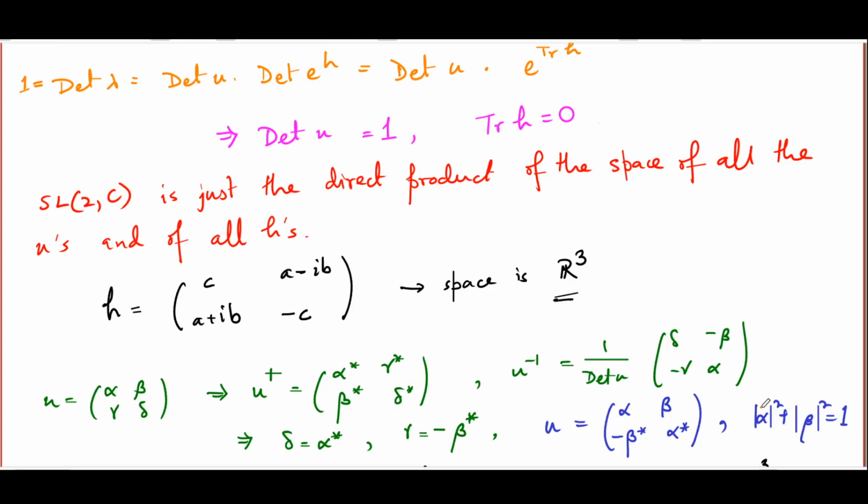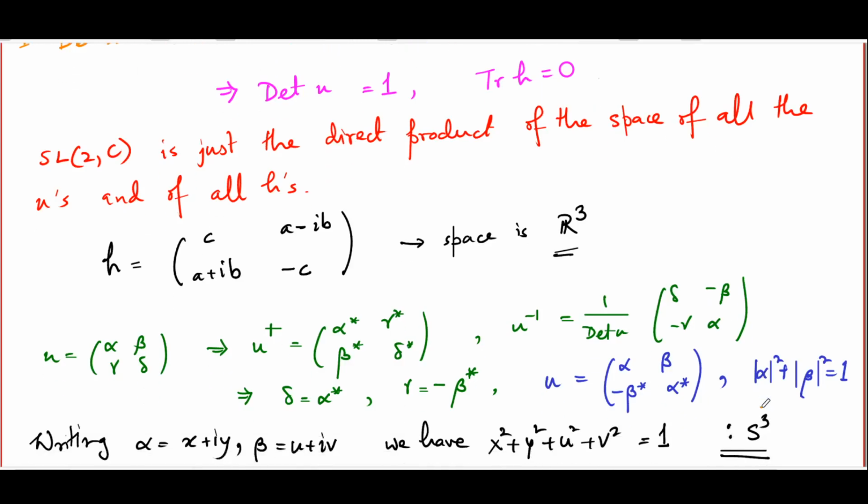So rather than 4 complex parameters, it only depends on 2, alpha and beta. But that's not all. Since we are dealing with SU2 matrices, mod alpha squared plus mod beta squared, which is the determinant of this matrix, must be equal to 1. So you have one more constraint. Now if you write alpha as x plus iy and beta as u plus iv, this condition immediately gives us x squared plus y squared plus u squared plus v squared equals 1.